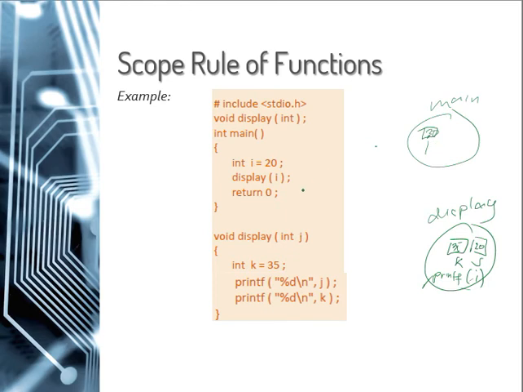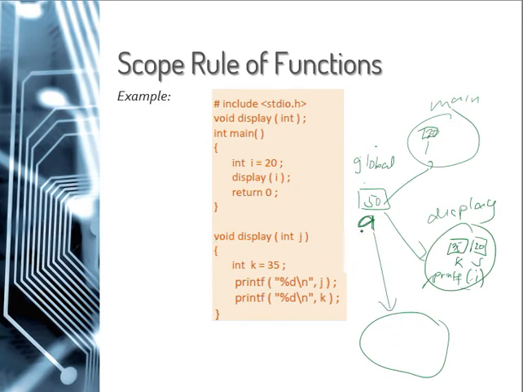But there are other ways to access one variable from both planets. Such a variable is called a global variable. So for example, we have a variable A that does not exist inside any planet, but outside. This A, for example with value 50, can be seen in main and can be seen in display, or in any other function.